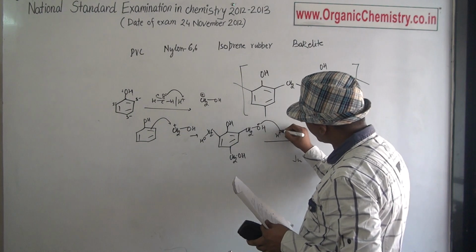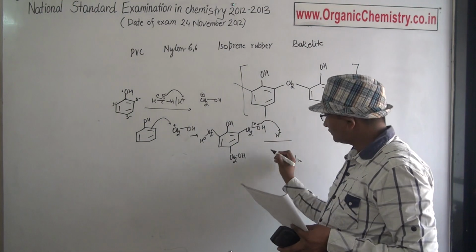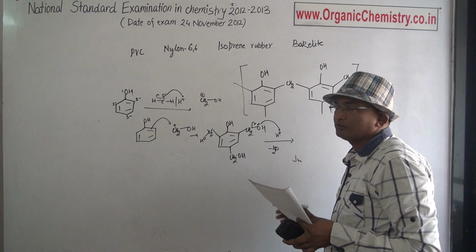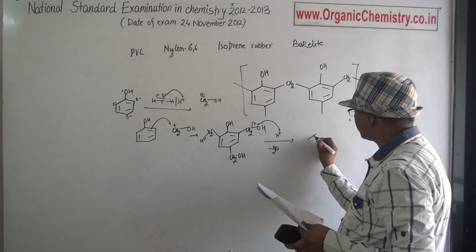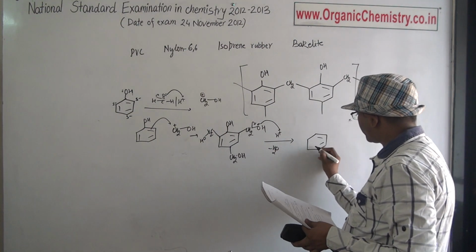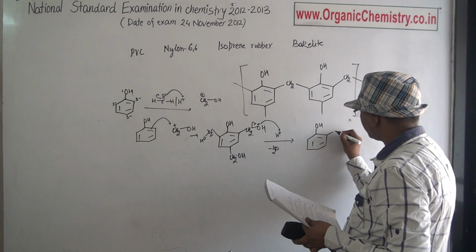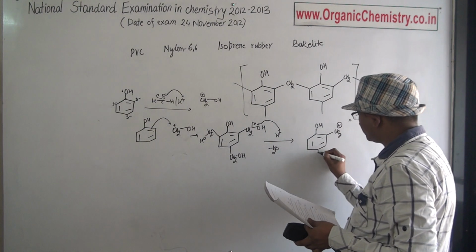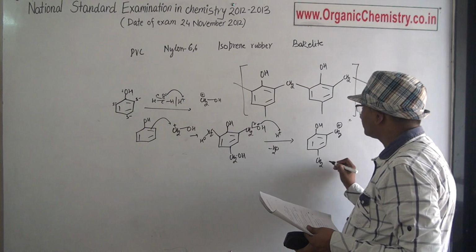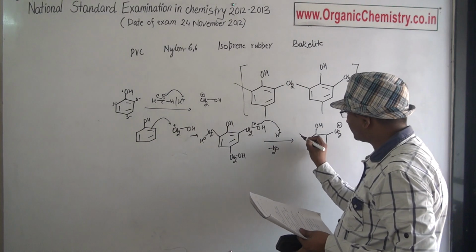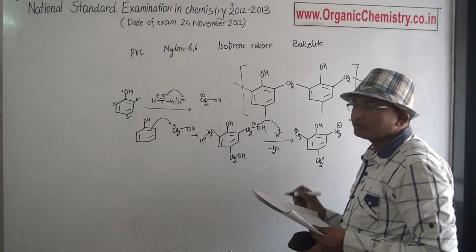The acid protonates the OH, a water molecule is removed, and a new carbocation is formed. Here again a new carbocation is formed, and here again a new carbocation is formed.